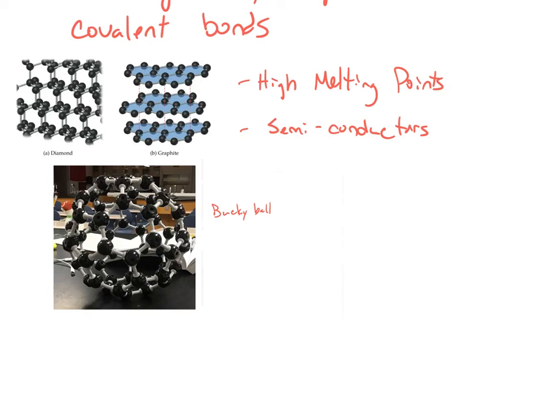So anyway, those are all covalent network solids. Most of these covalent network solids I've talked about were carbon-based, but there's some that are silicon-based and others like silicon dioxide, which is quartz, which is another covalent network solid.